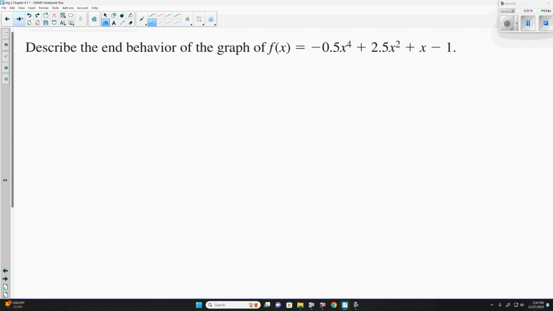So if we want to describe the end behavior of this graph here, negative 0.5x to the fourth plus 2.5x squared plus x minus 1, well, what's the degree of this polynomial function?